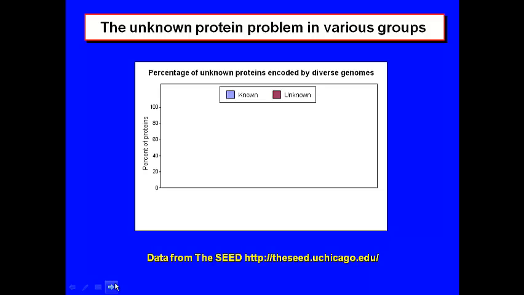And here's a plot showing you a very, very generous interpretation of what's a known gene versus an unknown gene in different organisms, starting with bacteria and the best known genome of all, E. coli. A very generous estimate would be that we know 80% of the genes in E. coli.